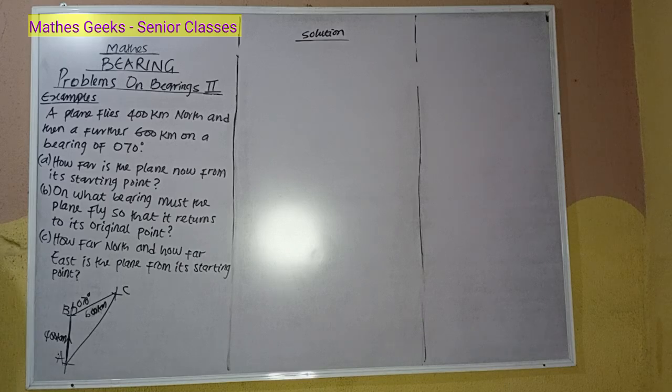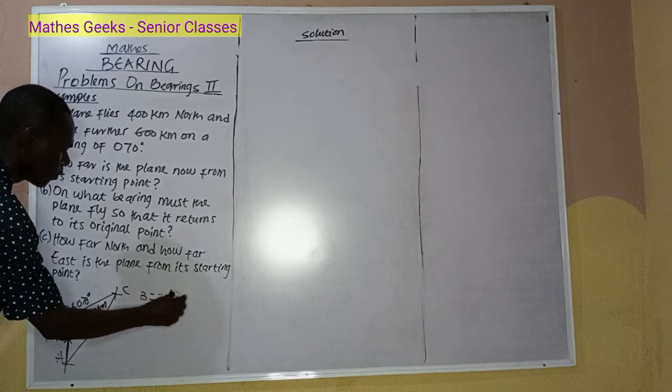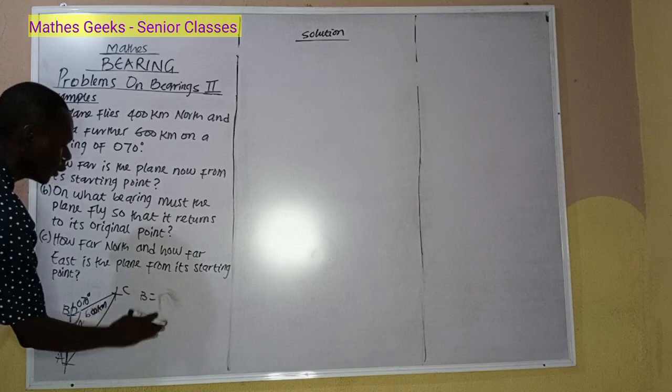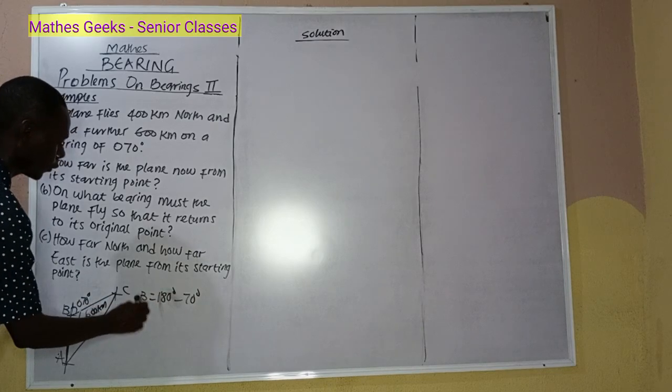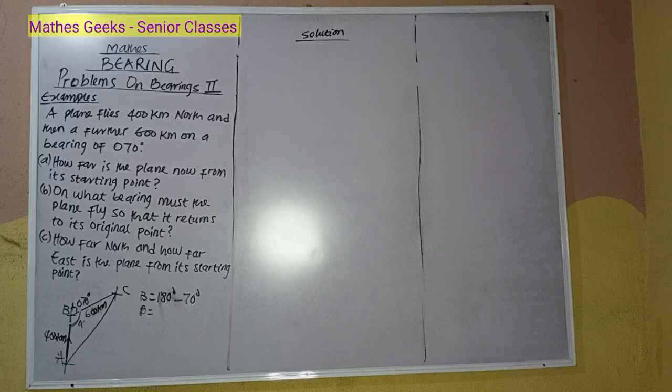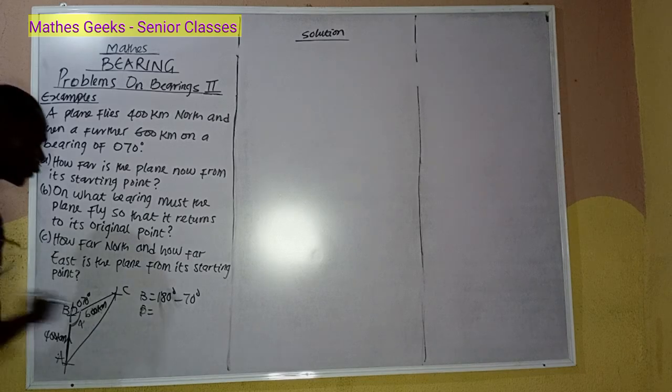From here we have two sides given and an included angle, so let's get the angle at B. If from the north to the line is 70 degrees, then we have two angles on a straight line, so angle B is 180 degrees minus 70 degrees, which is 110 degrees.